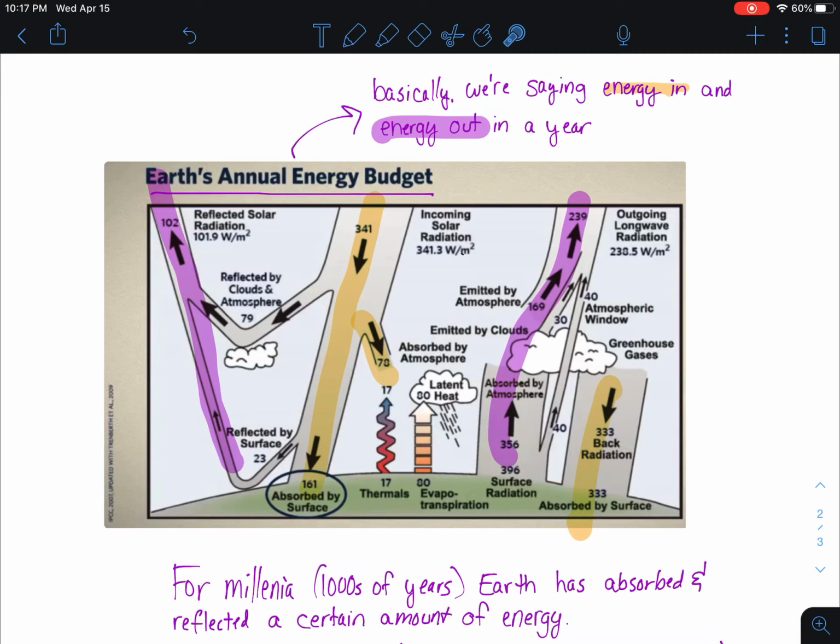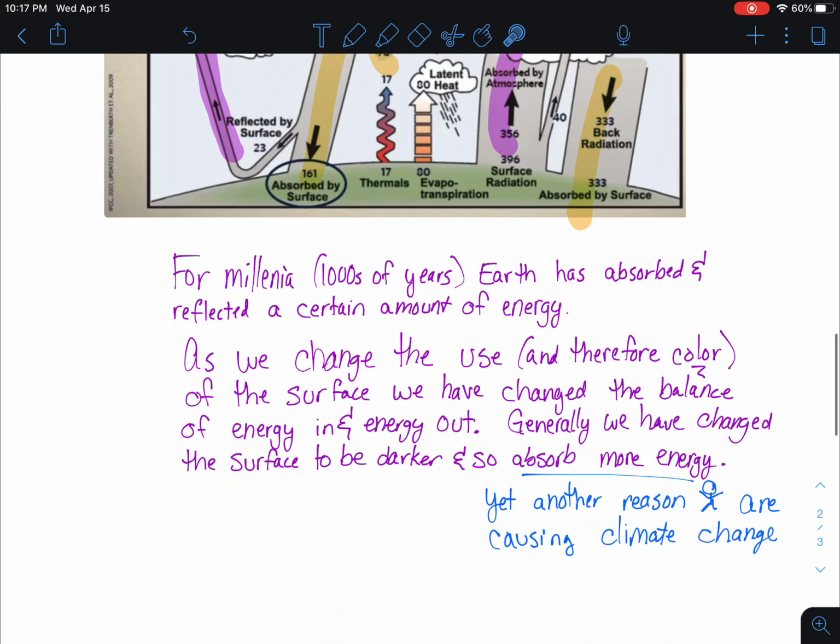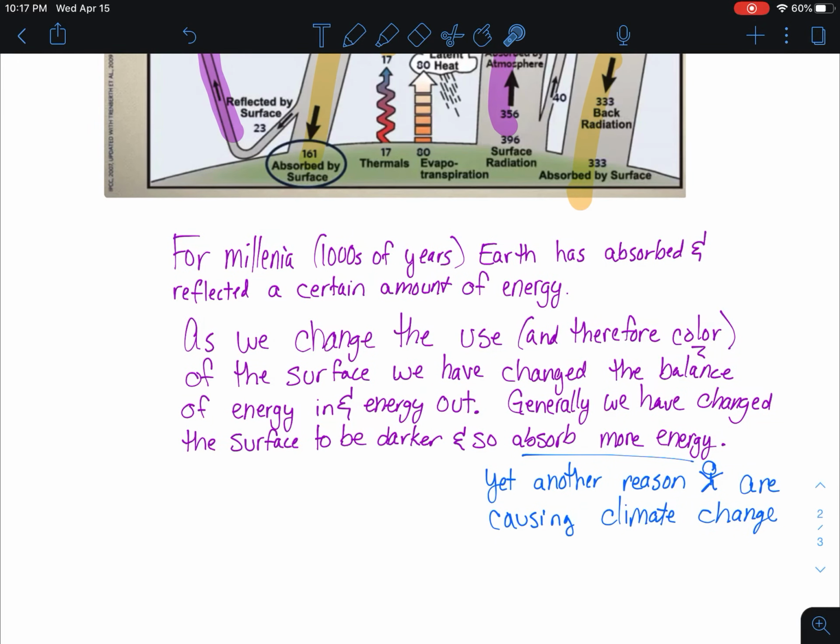It's been what it has been for millennia, for thousands of years, hundreds of thousands of years, millions of years. But in the last several hundred years, we've been changing the use and therefore color of the surface. So we've changed the balance. Generally, we've changed the surface to be darker and to absorb more energy. So this is all yet another reason people are influencing the climate on Earth.